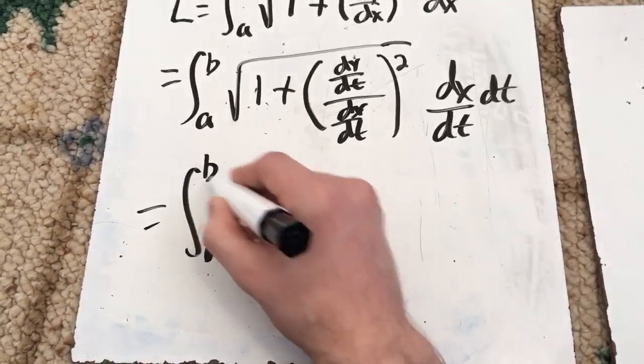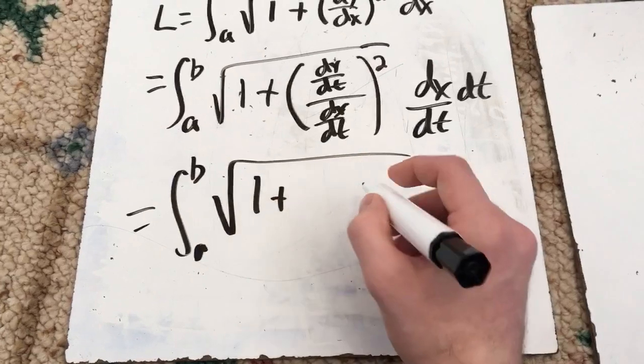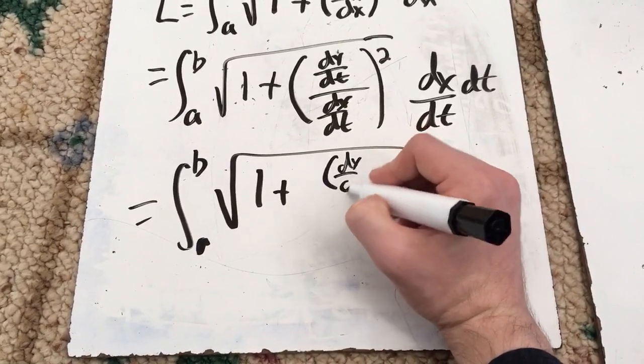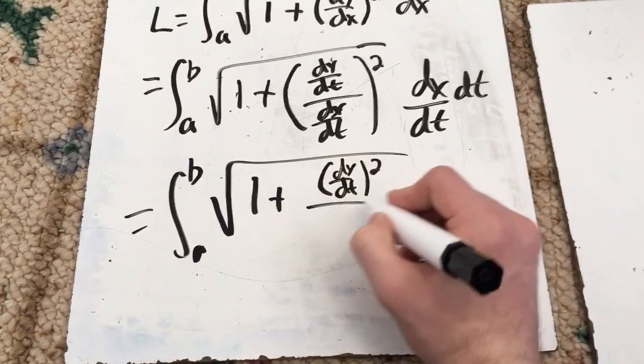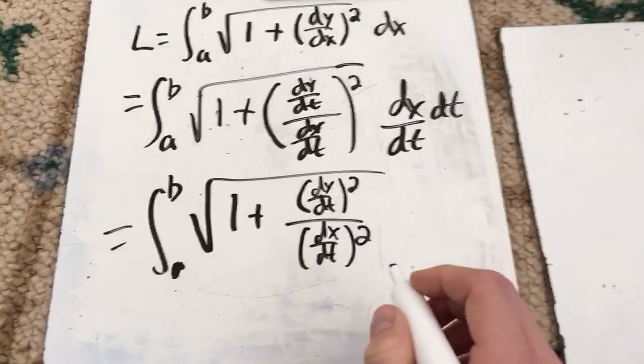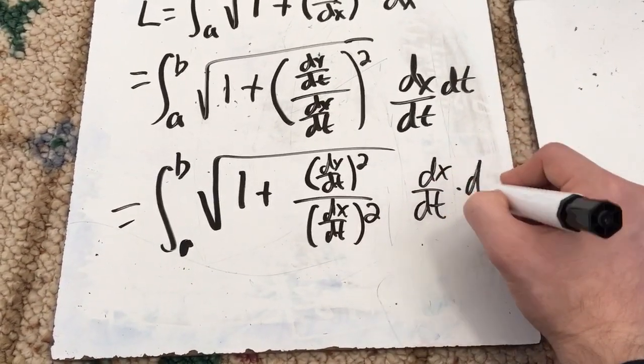We can call this the integral from a to b of the square root of 1 plus, this fraction is going to get kind of big, (dy/dt) squared over the quantity (dx/dt) squared. And we will leave on the outside still our (dx/dt) dt.